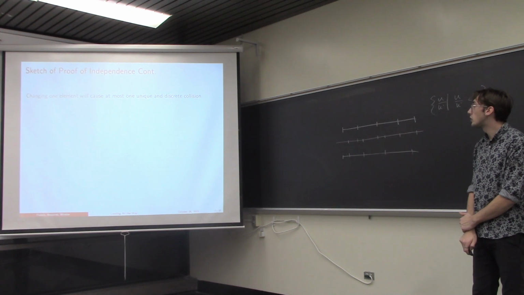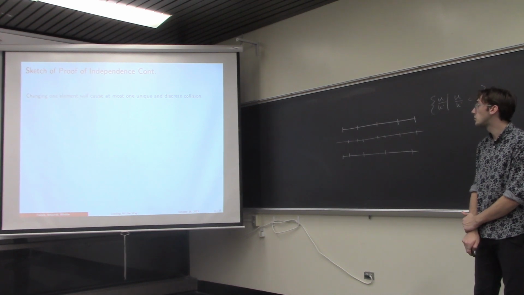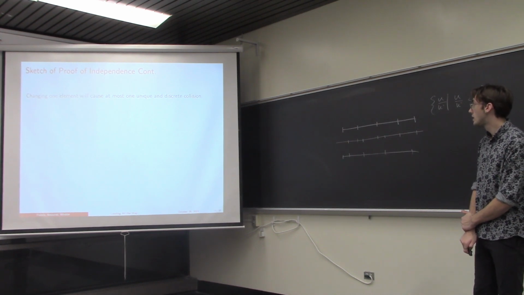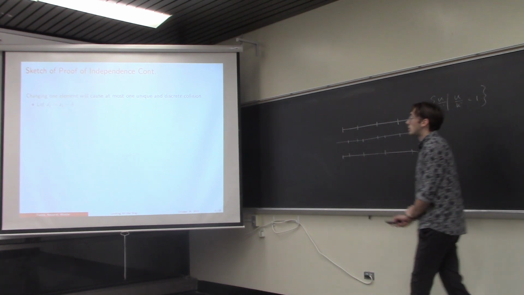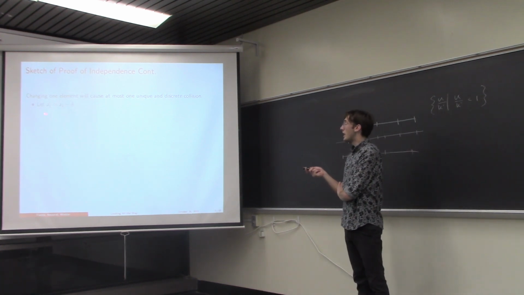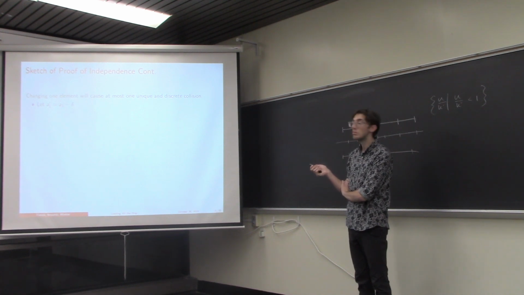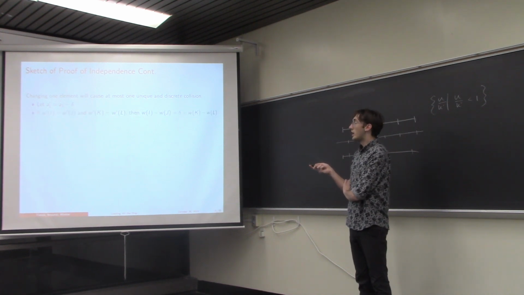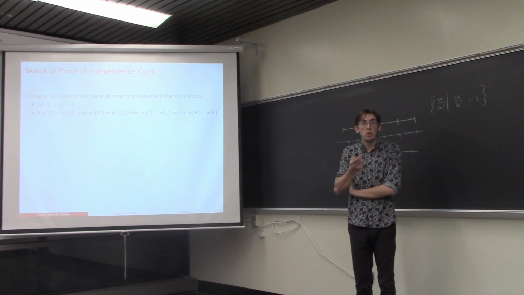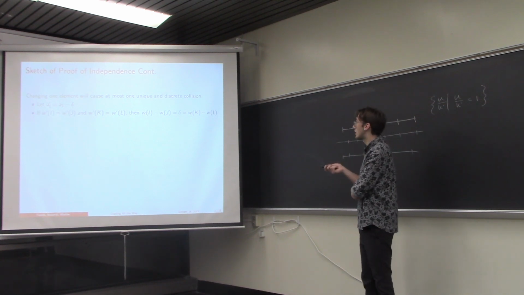So here's an argument for why changing one element will cause at most one unique discrete collision. So say our set capital A has A1 through AN, and we're going to change the first element, A1, by some small number delta. And now assume that we don't have a unique collision.